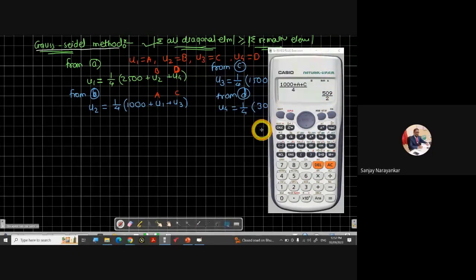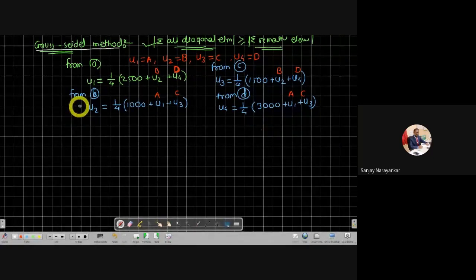Next, let U1 is equal to 0, U2 is equal to 0, U3 is equal to 0, and U4 is equal to 0. So what are these in our notations? A, B, C, and D. After this assumption, now we are going to prepare a table.